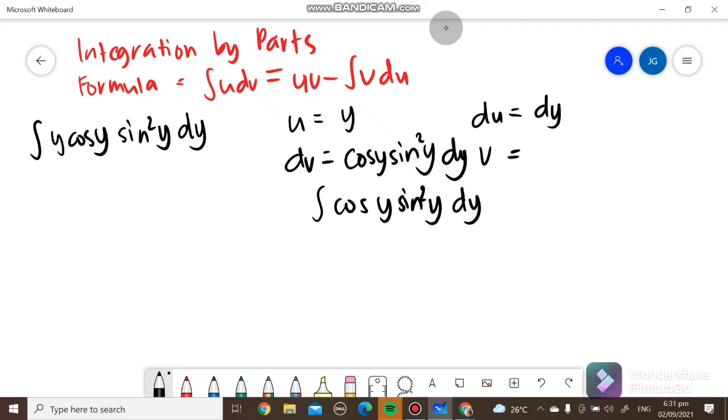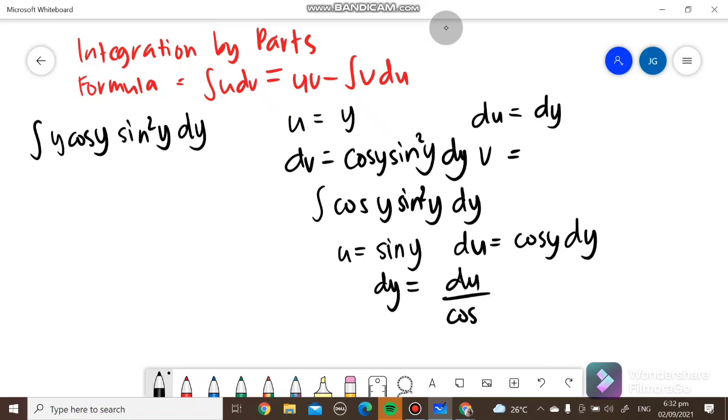The integral of that one is simply, we set u as sine y, and then du, the derivative of sine y, is cosine y dy, and the value of dy is simply du all over cosine y.